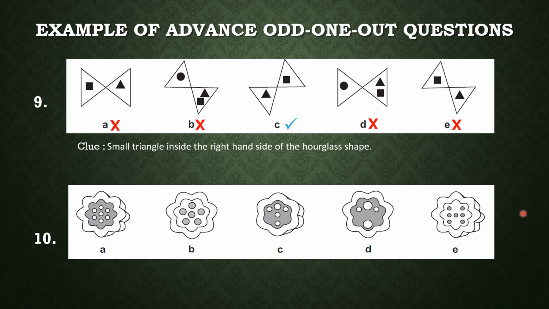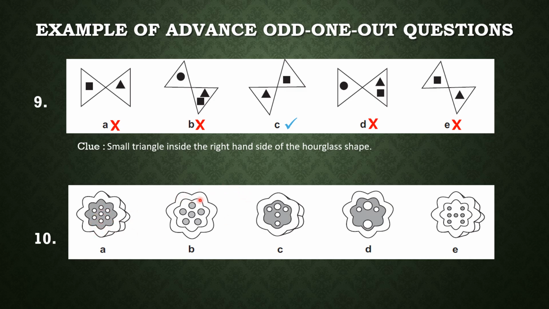So in the last example, all the shapes are different: outer shape, inner shape, and number of circles inside. But if we check a little bit more closely, the number of edges in the outer shape and the number of circles inside, so here we count 1 2 3 4 5 6 7 8, and the number of small circles are 1 2 3 4 5 6 7, so one less.